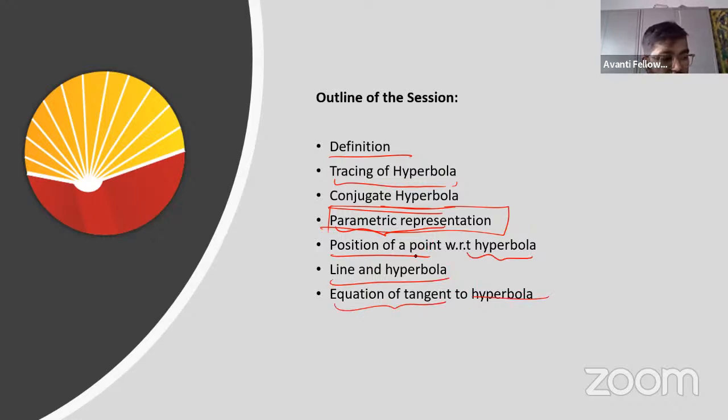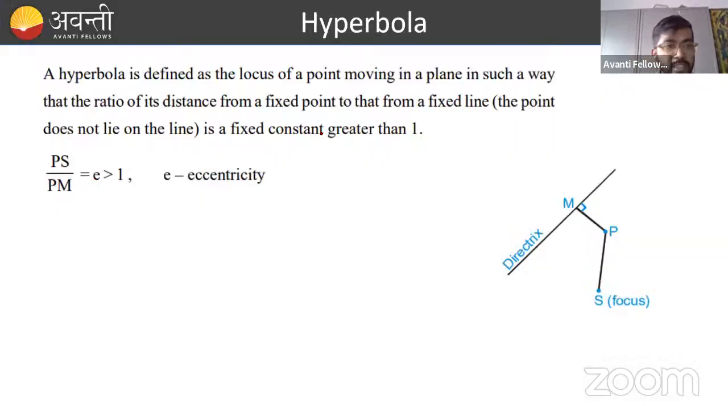Right, so these are the points that we will be covering today. Yes. So let's move on to the next slide and start our session.